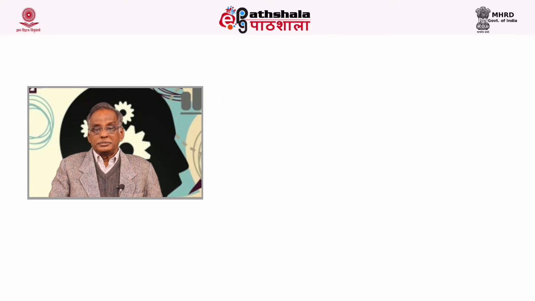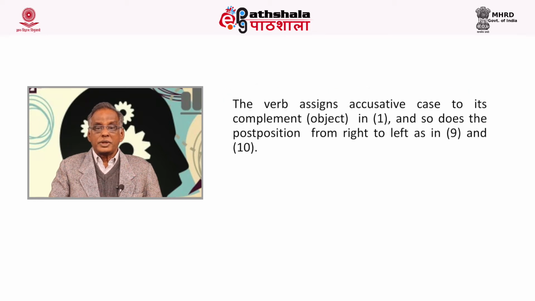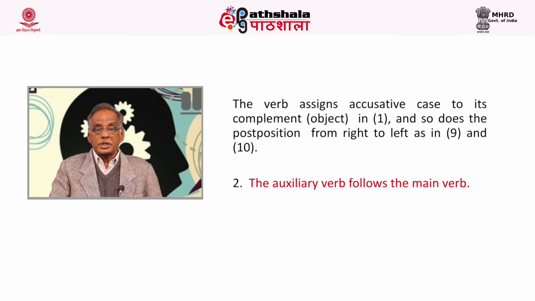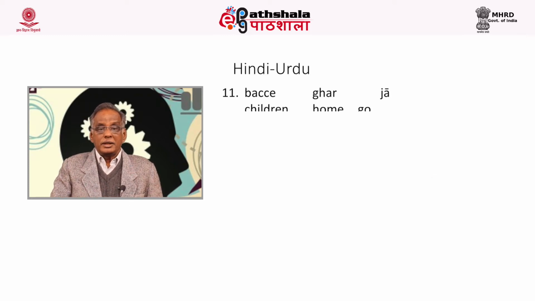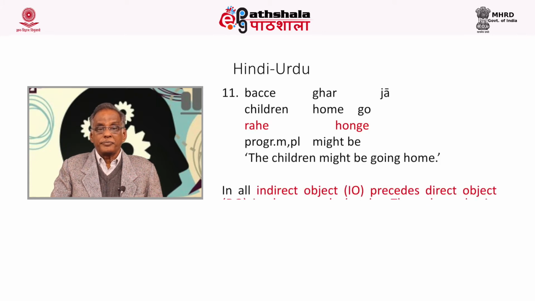The verb assigns accusative case to its complement, and the postposition also assigns accusative case to its complement from right to left, as in 9 and 10 we have seen above. The auxiliary verb in all verb final languages follows the main verb, as in 11, बच्चे घर जा रहे होंगे.